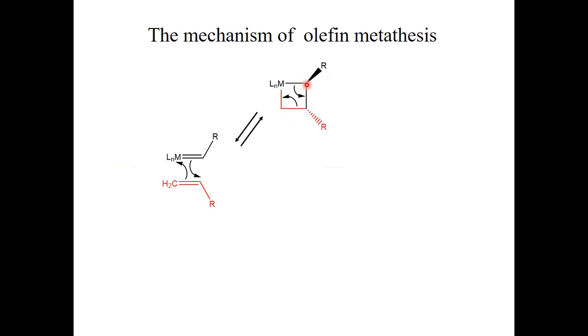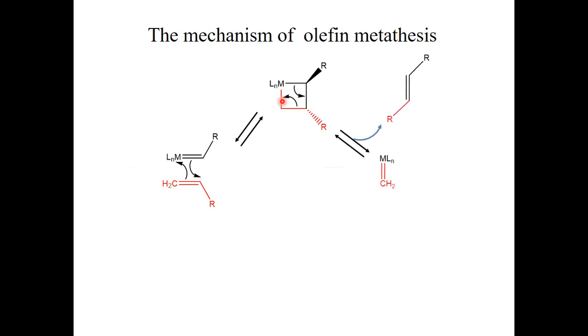Okay, so this electron pair here can actually move here to make a carbon double bond here, and this electron pair here in this single bond can move over here to make a metal carbon double bond.